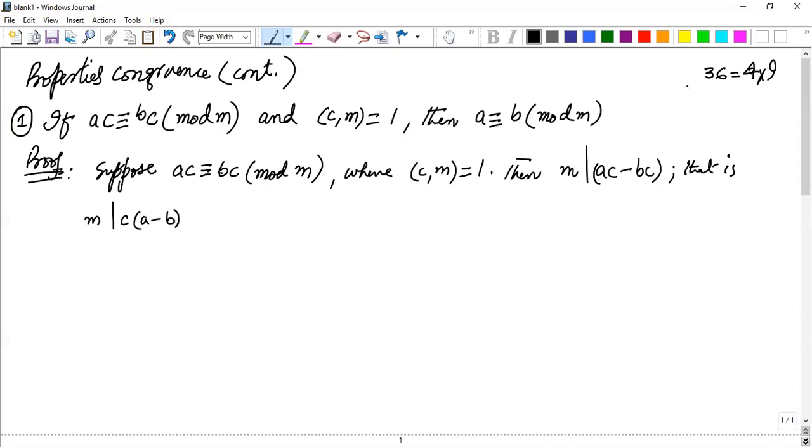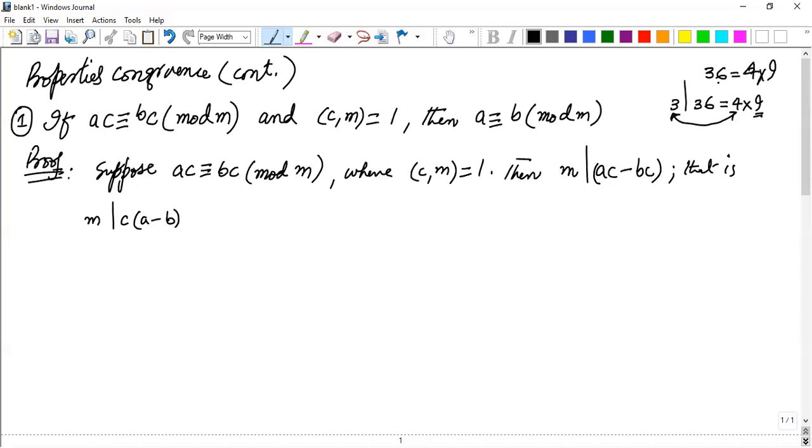If we are saying 3 divides 36, and 36 can be written as a product of 4 and 9, and the GCD of 3 and 4 is 1, then 3 divides 9 completely because the GCD of 3 and 4 is 1.